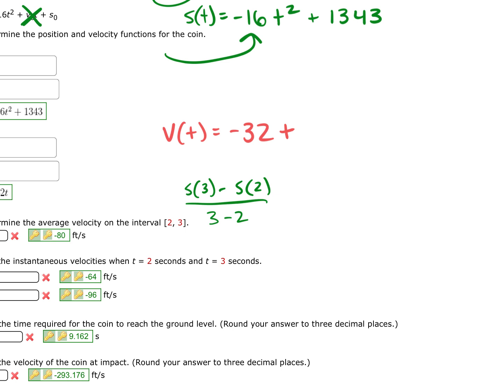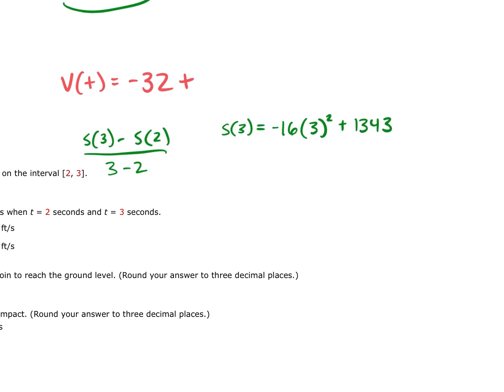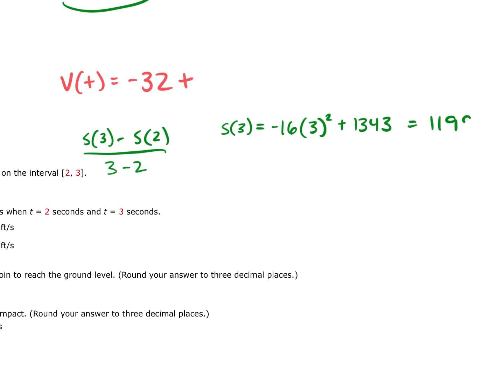The numbers are going to be nicer on the quiz. So s of 3, we're going to plug 3 in. So negative 16 times 3 squared plus 1343. So you should get 1199.